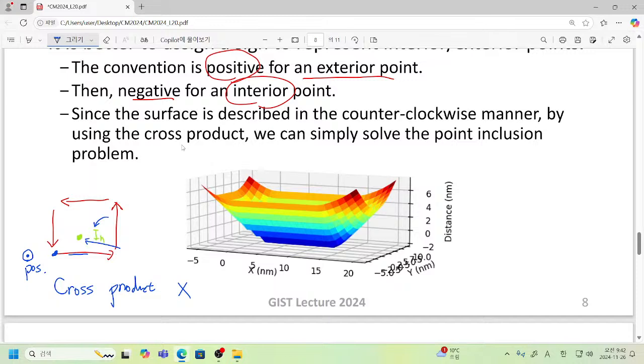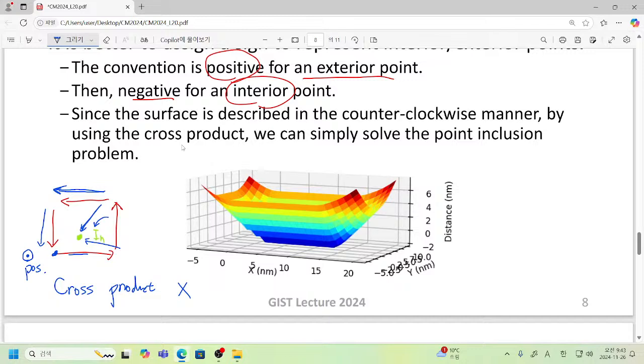Now for this direction, we can also make the cross product between this first vector and second vector, and it will give us a positive value, and we can repeat until the end of this closed surface.